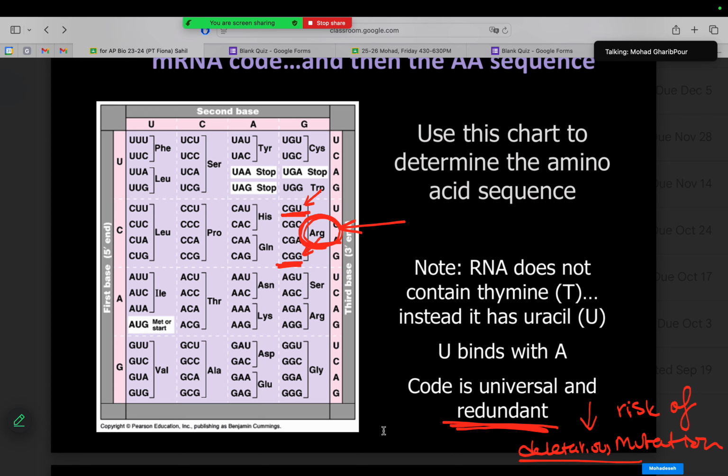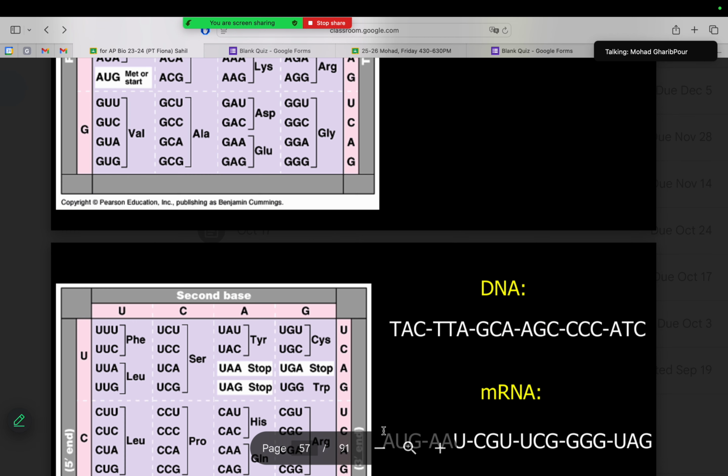Deleterious means kind of like lethal or very extreme phenotypes. So we reduce the risk of that because we have redundancy in our code. Meaning, if I mutate any of these, it actually gives me the same amino acid. It makes no difference in my life. Okay.